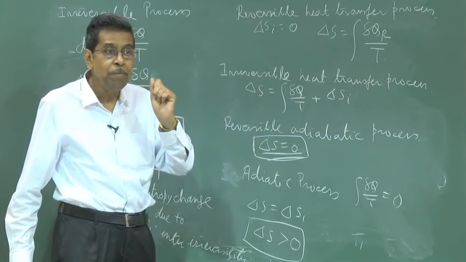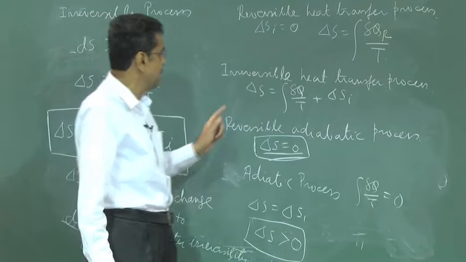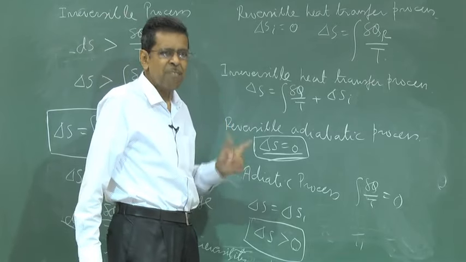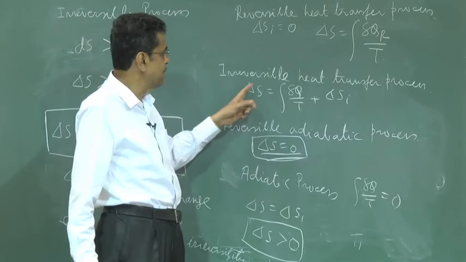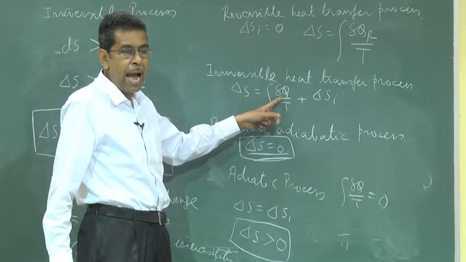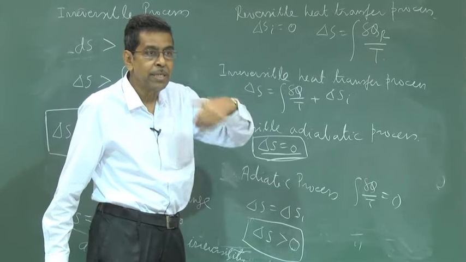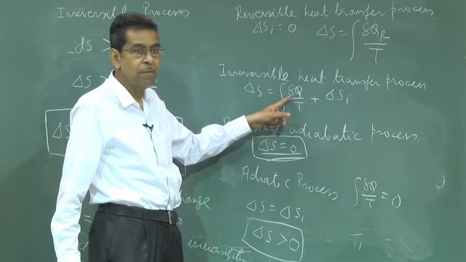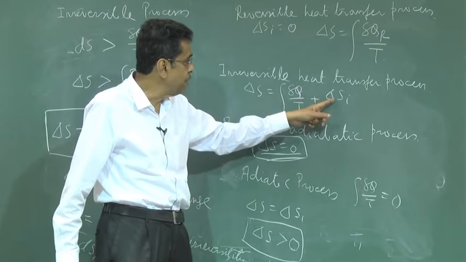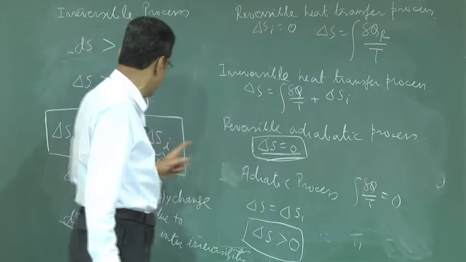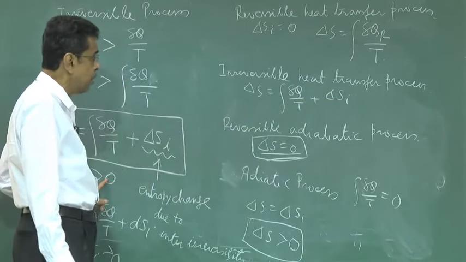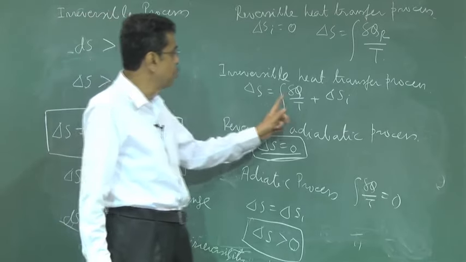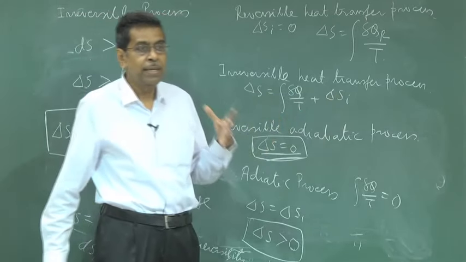But one very important thing in a special case: if a process is irreversible and rejects heat to the surroundings, this term is negative, and because of its internal irreversibility, delta Si is always positive. It may so happen that these two balance each other to give delta S equal to 0.